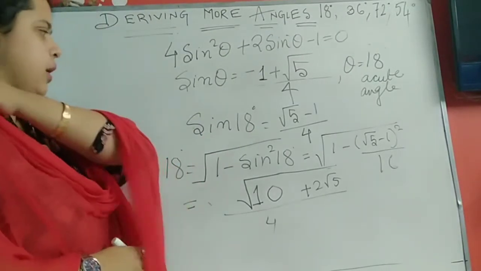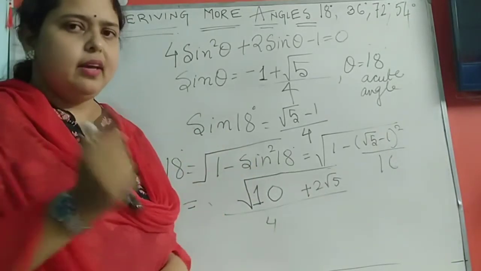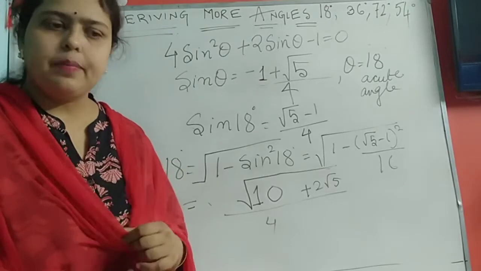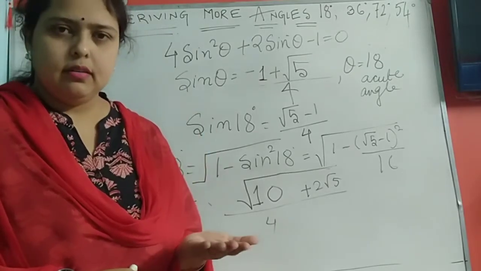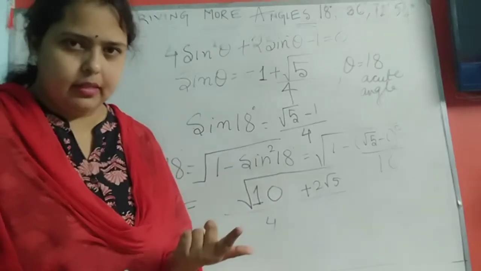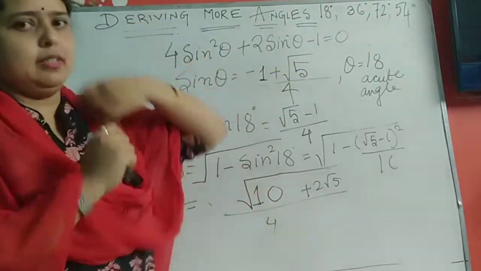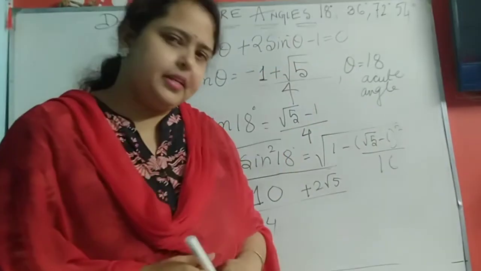Okay. Now, following the same process, can we find out the value of cos 36, sin 36, sin 54, cos 54, then moving on with the 72 degree, you can see here. But first, I will take 72 degree.